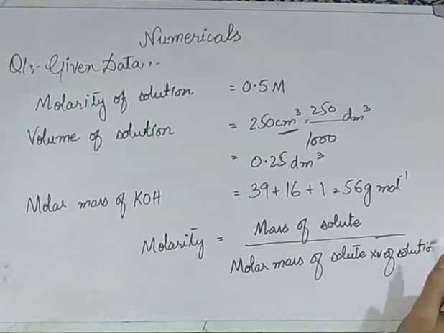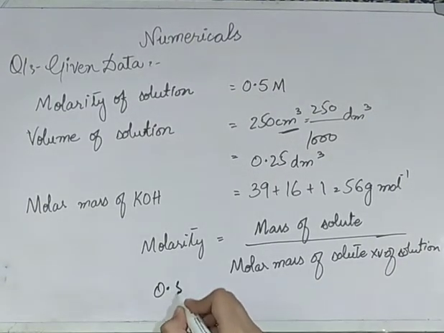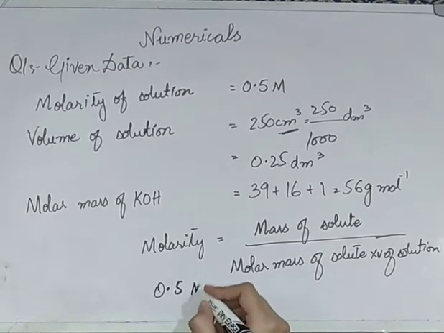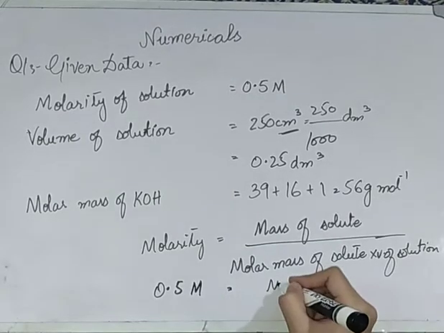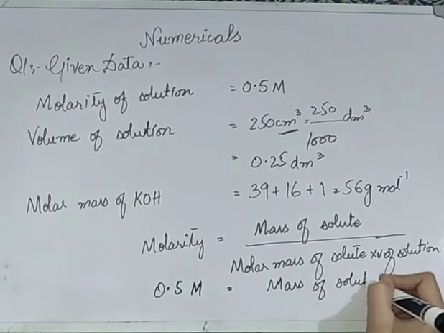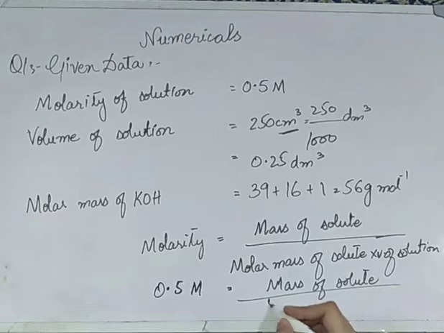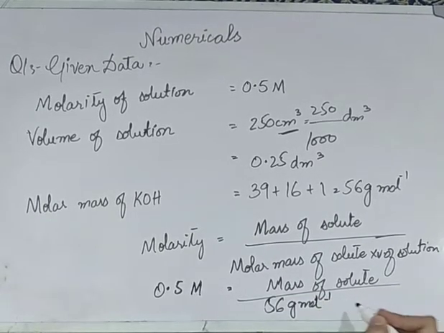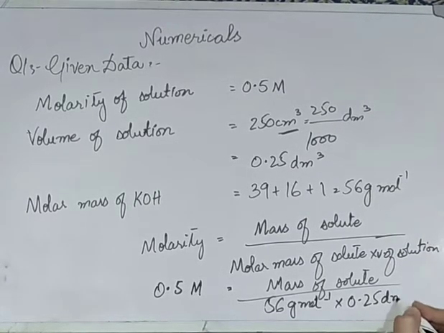So we'll put the values in their places. 0.5 molarity equals mass of solute, which we don't know so we write it as it is, divided by molar mass of solute, 56 gram per mole, multiplied by 0.25 decimeter cube.